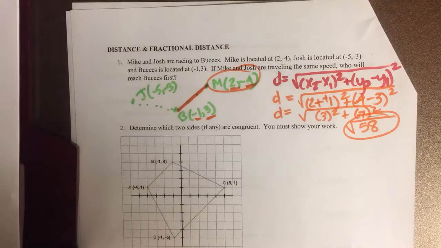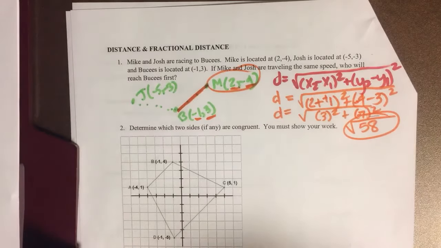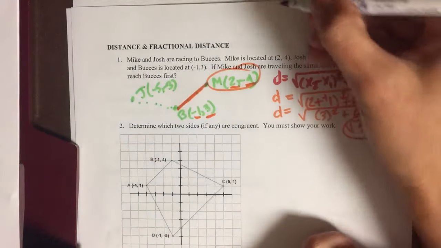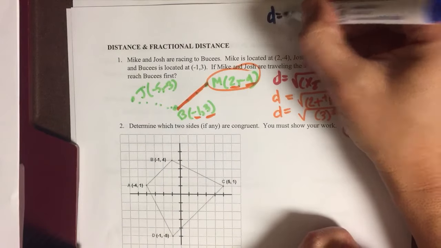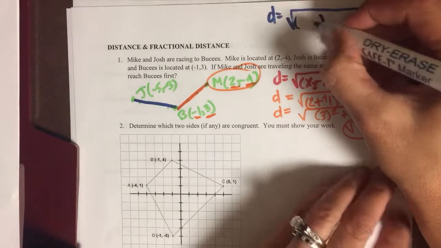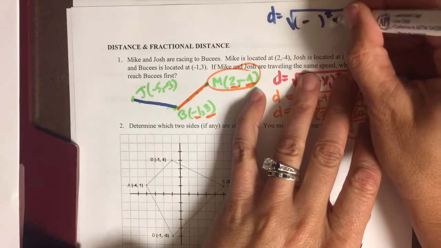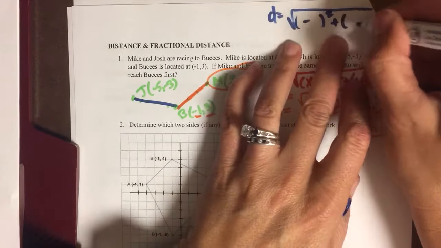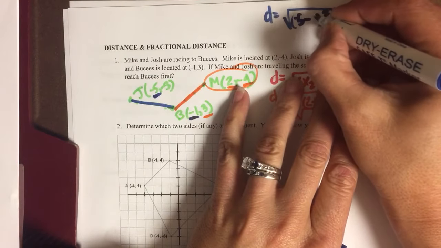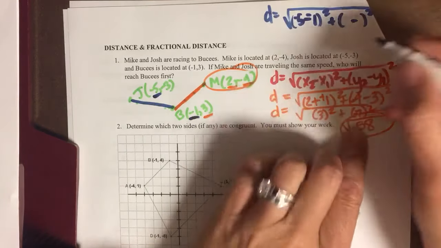All right, so now I'm going to look at Josh's distance from Buc-ee's. I'm going to do the same thing. I'm going to write the formula, everything except for what I'm plugging in. Let's plug in. What are my 2 x's? -5 and -1. So I'm going to plug in -5 minus -1.